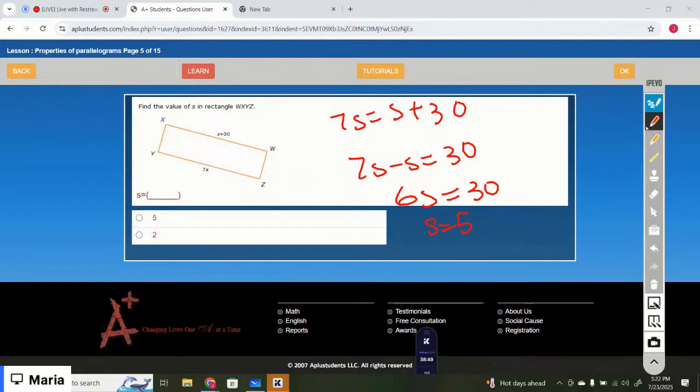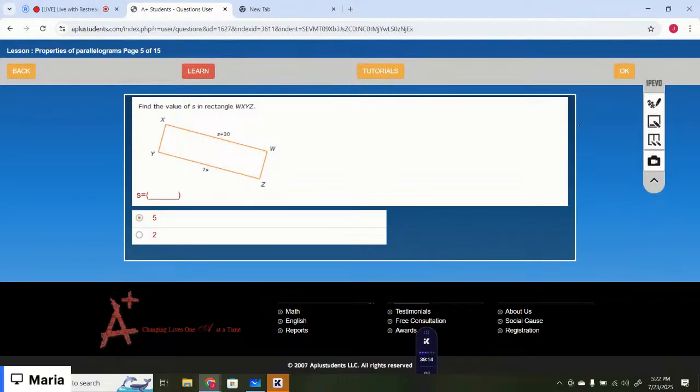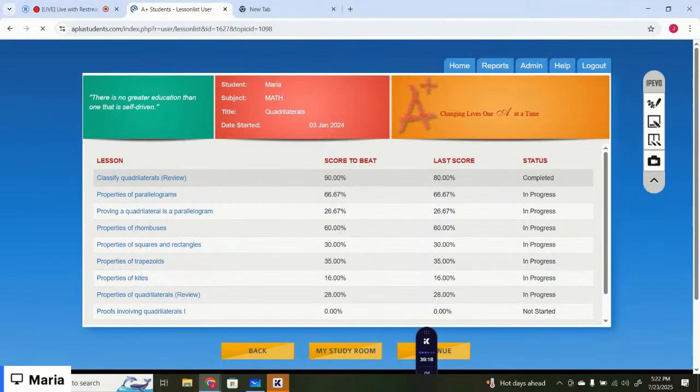Option number 1 is the correct option. You can complete the lesson by yourself later today. Let me move on to the next lesson.